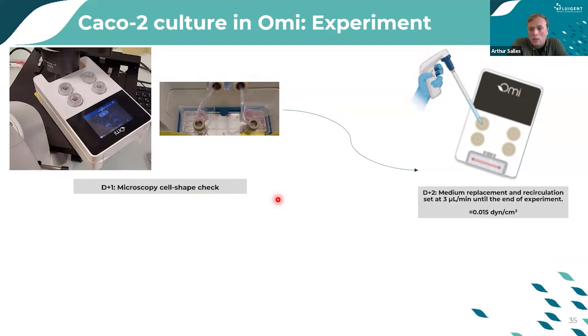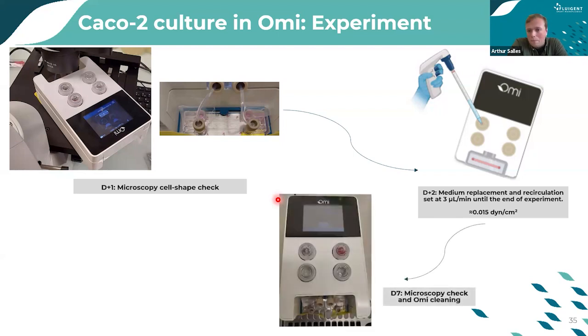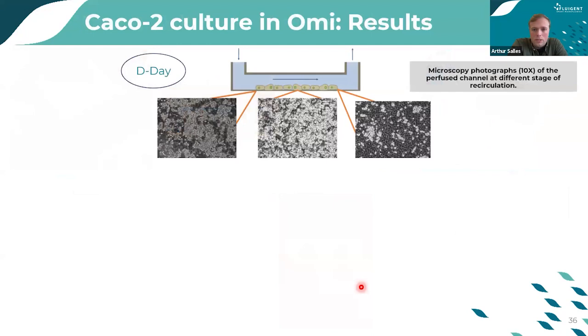So in our case, we decided to change it every 2 days, but depending on the cell types, you can change it even more often. Okay, so after 2 days we set the flow rate at 3 microliters per minute until the end, 7 days later, with the last microfluidic check.